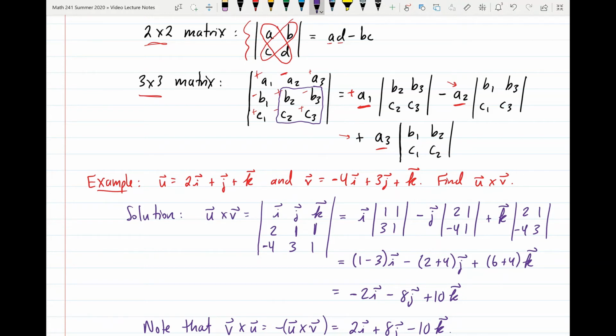B2, B3, C2, C3. Then we're going to have minus A2 because again we have a minus associated with A2.